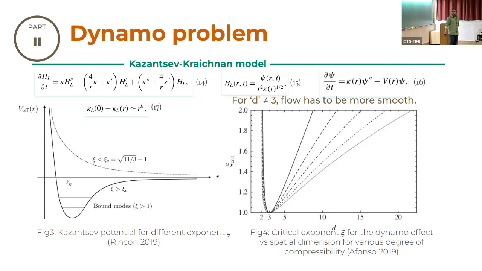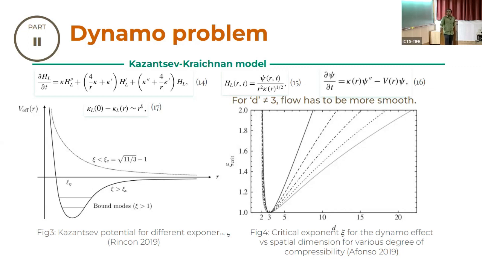And if you assume this correlation to have a spatial power law with an exponent xi, then one can look at V of R in terms of xi, and can get a critical exponent xi critical, which is the root of 11/3 minus 1, and that dictates a critical exponent for which the dynamo will be possible.